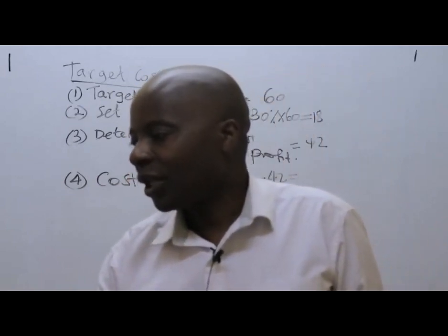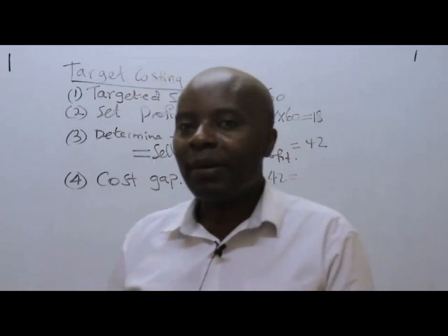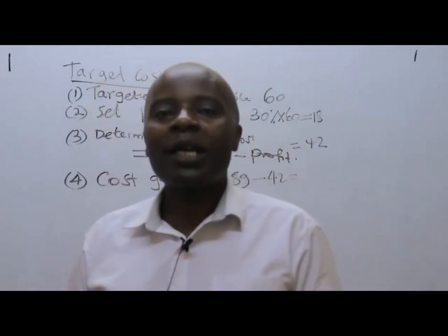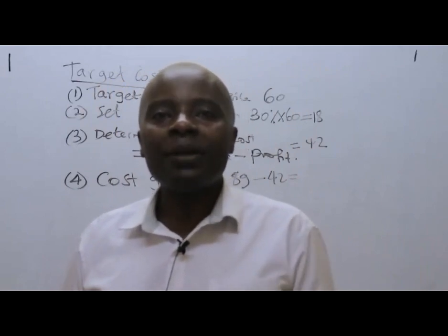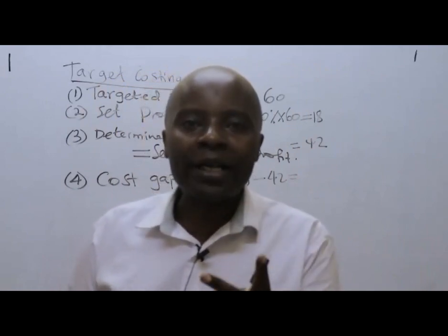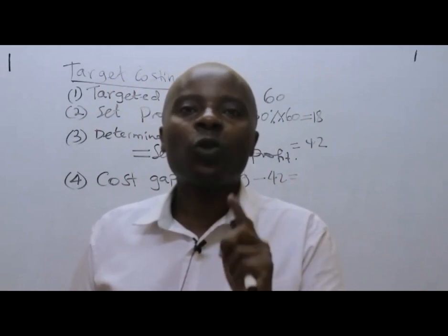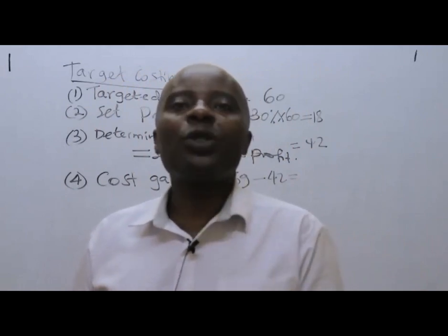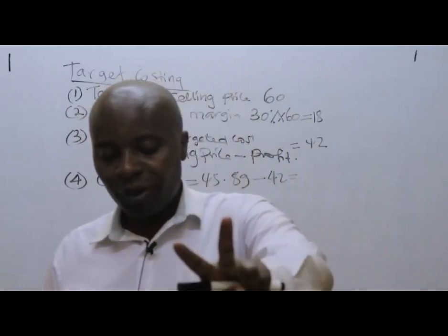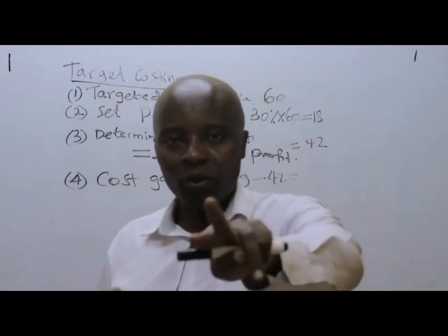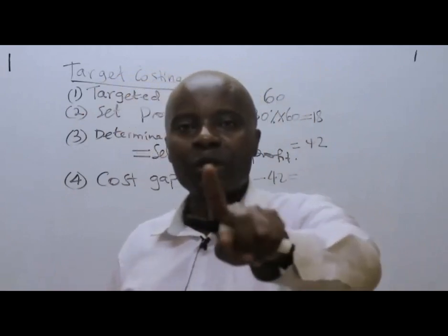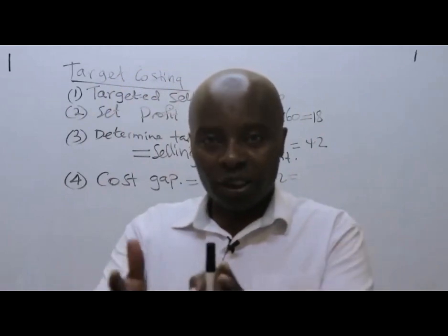Thank you very much. Now, I will still come back to this target costing, but at times you will get an examiner asking you for 2 marks to give methods of reducing the cost gap. Can somebody give me 2 ways that you can work with to reduce the cost gap, to make this cost gap 0 or negative?